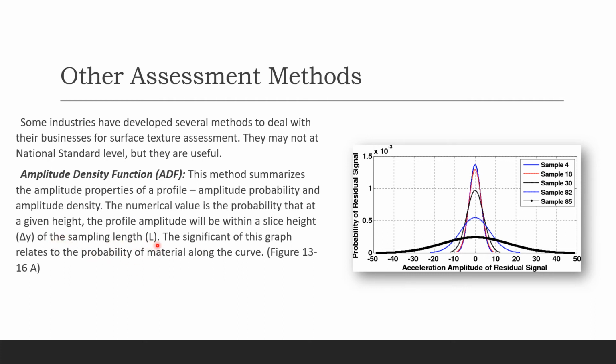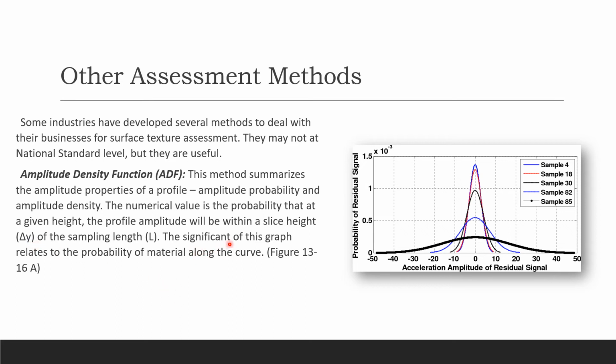This length is nothing but your surface length. Sampling means we are measuring that surface over this amount of length. And delta y is nothing but the surface mountains and valleys on that surface. You can see them. They're very, very small. They're in the micro region, 10 to the power -6 and lower.